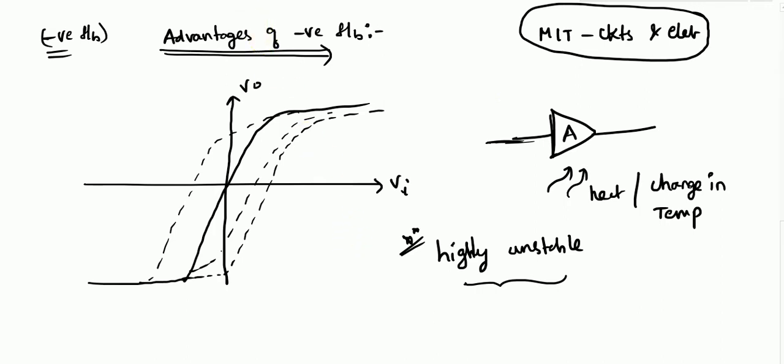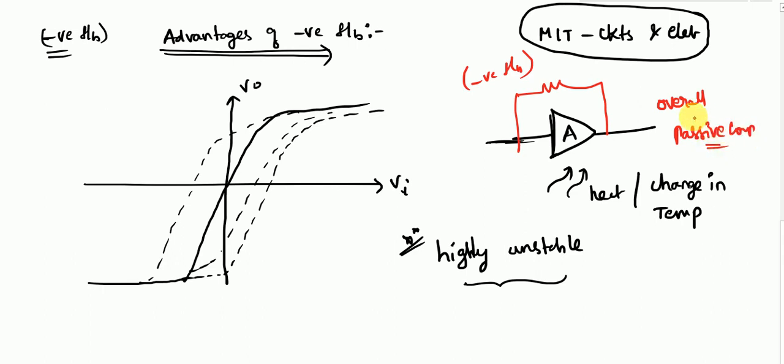If you add negative feedback, then the overall gain depends only on passive components, like the resistors present in the feedback network that I have already shown you. The components in the feedback network are actually controlling the circuit. It doesn't depend on the variations in the open loop characteristics of the amplifier.